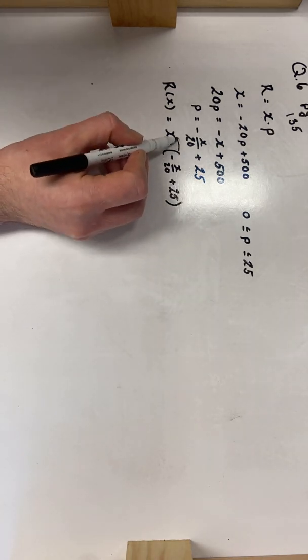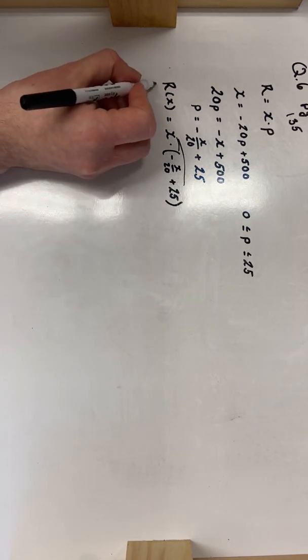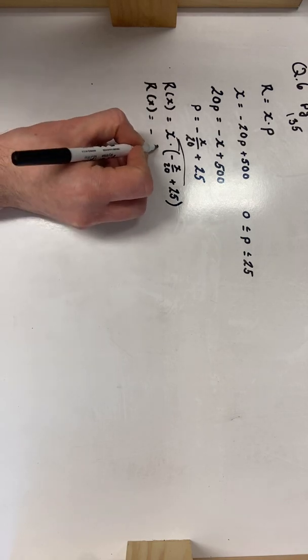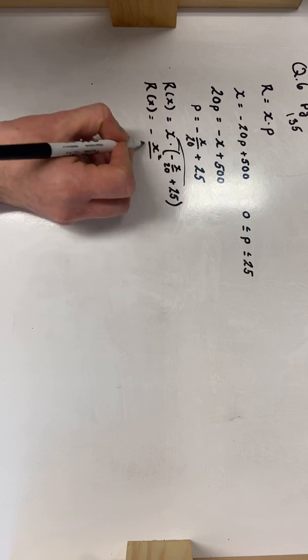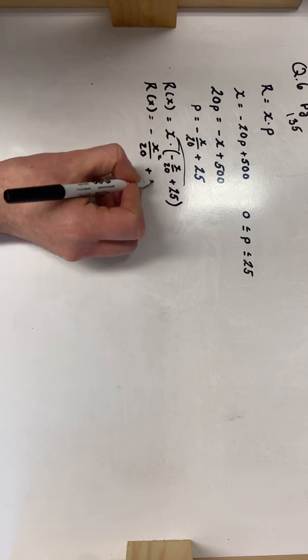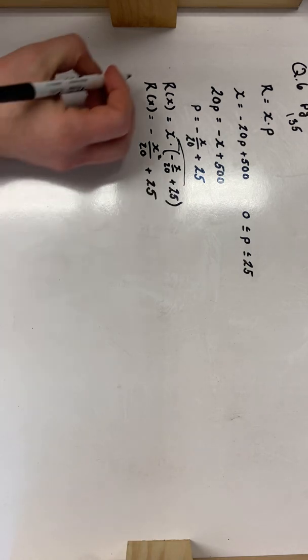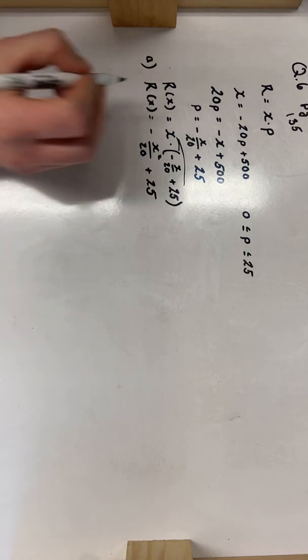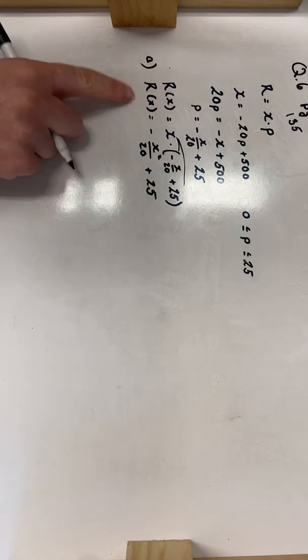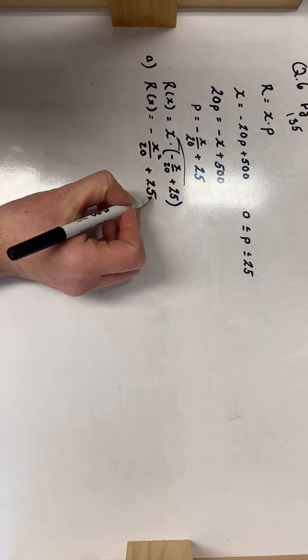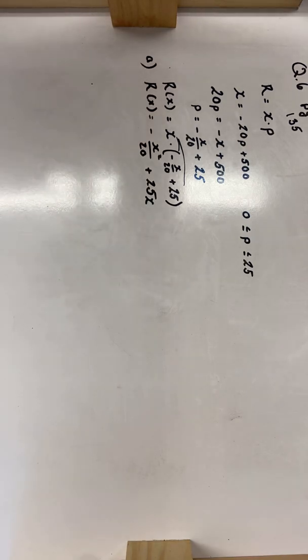And if I distribute this, it means then that R of X is minus X squared over 20 plus 25X. And that is part A of my question done. Pardon me, I should have an X here, X there. That is revenue as a function of X.